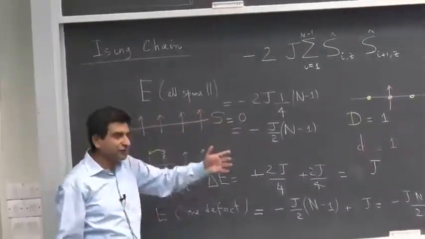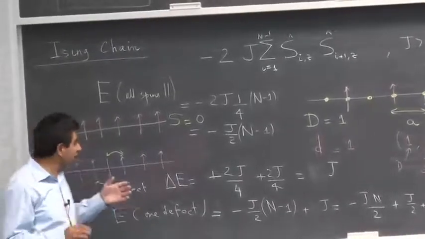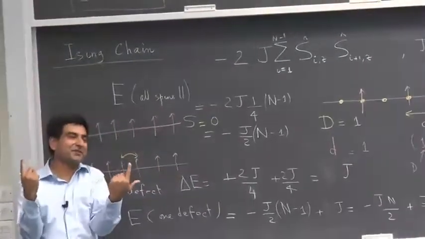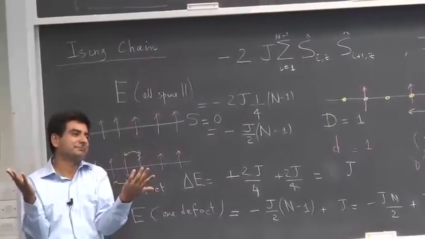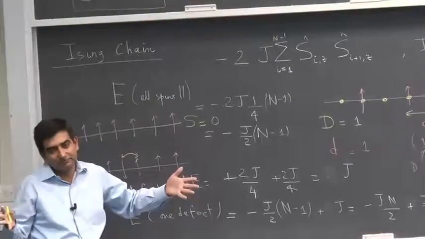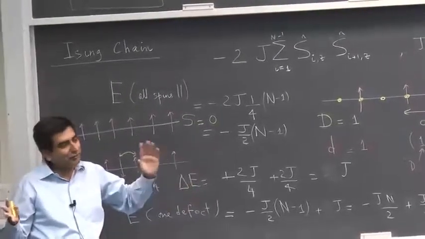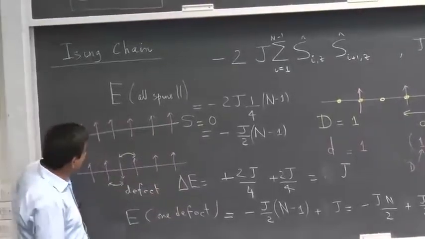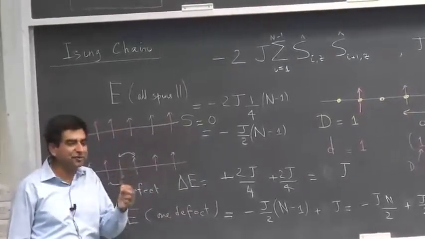This is one macro state. The macro state is all the spins pointing in the same direction. There is only one way in which this can be achieved. So the entropy of this system is 0. There is only one micro state and one macro state associated with this. So the natural log of 1 is 0.